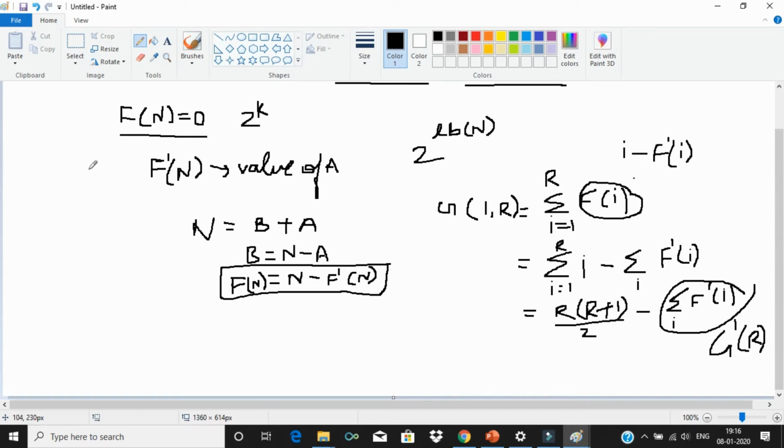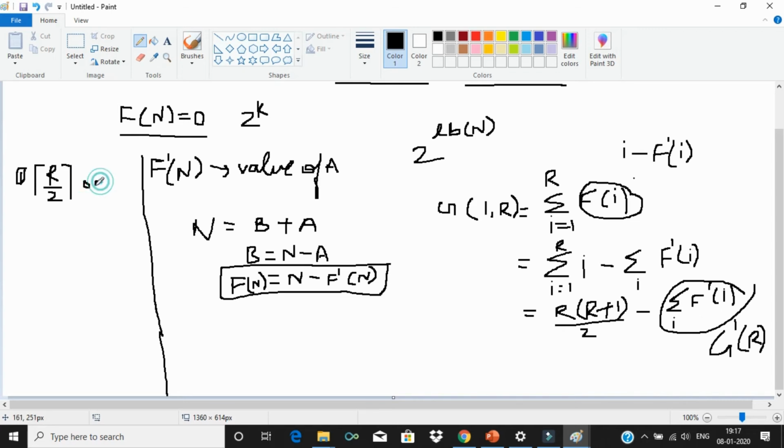Now let me tell you 3 things that can be very much helpful in computing g dash of r. For any given r, there will be ceiling of r by 2 number of odd values.